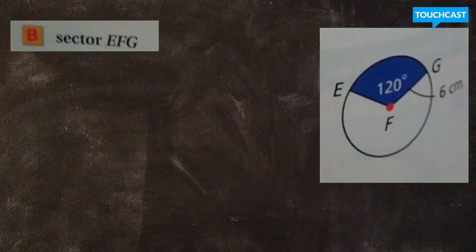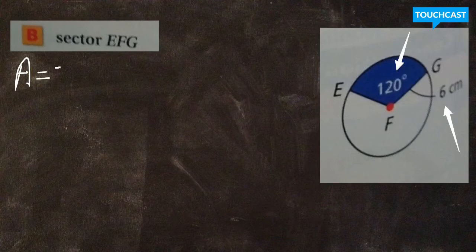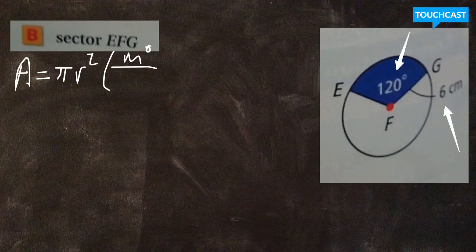Alright, so we have to find the area of the sector EFG in terms of pi and to the nearest hundredth. We have a radius of 6 centimeters and an angle of 120 degrees. So let's start by writing out the area formula. Remember, the area is equal to pi times the radius squared times the angle we're given in degrees divided by 360 degrees.